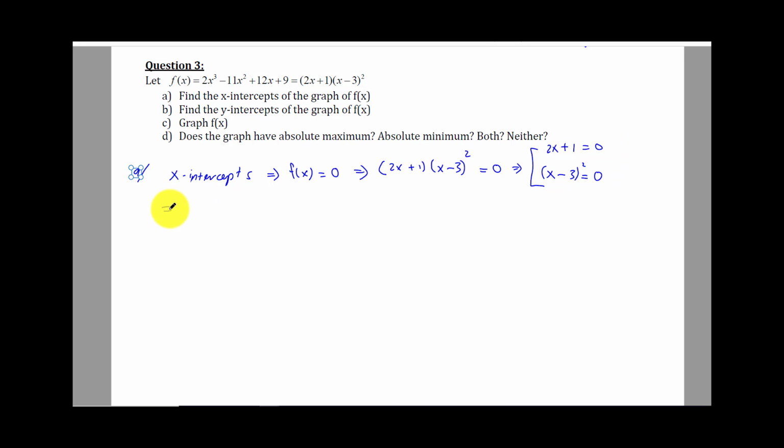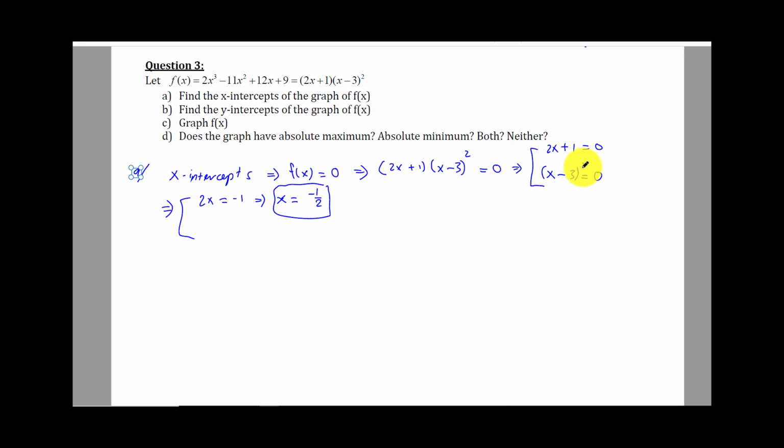If I solve these two equations, for the first one I move minus 1 to both sides. I get minus 1 on the right side, and dividing both sides by 2, I get x equals minus 1/2 for an x-intercept.